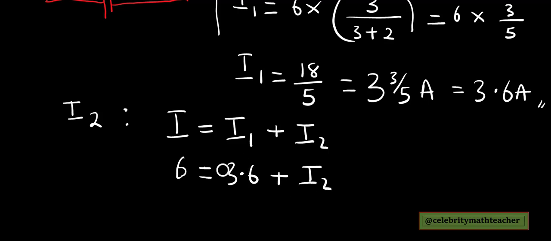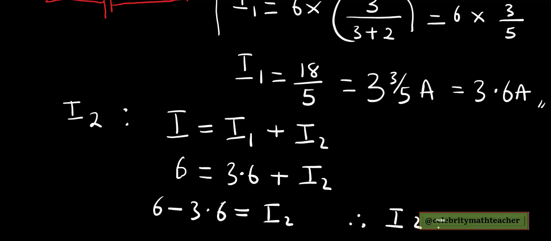If I subtract 3.6 from both sides, I have 6 minus 3.6 equals I2. So when I do my subtraction, I get I2 to be equal to 2.4 amps. All right, so that's the final answer.